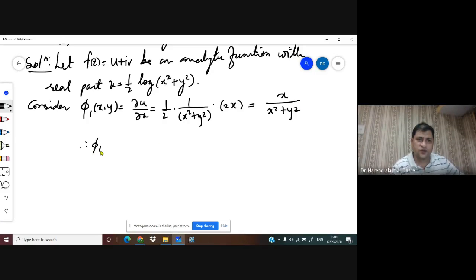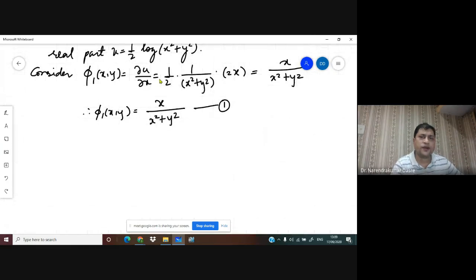So we get here phi1 of xy is equal to x upon x square plus y square, let it be equation 1. Now we want to find out that this function is going to be harmonic, so we want the second order derivative, and hence differentiate this once again with respect to x.